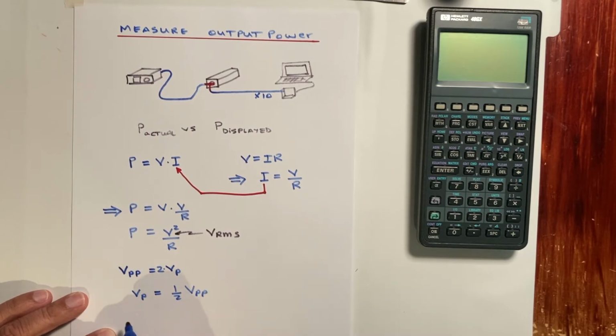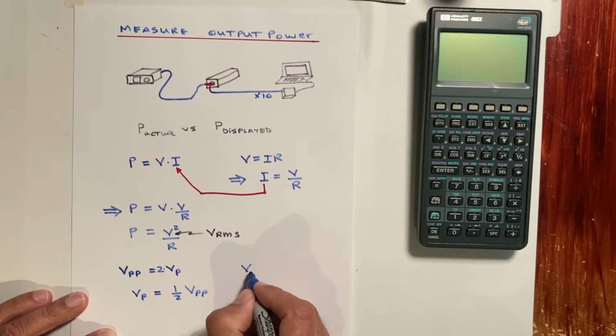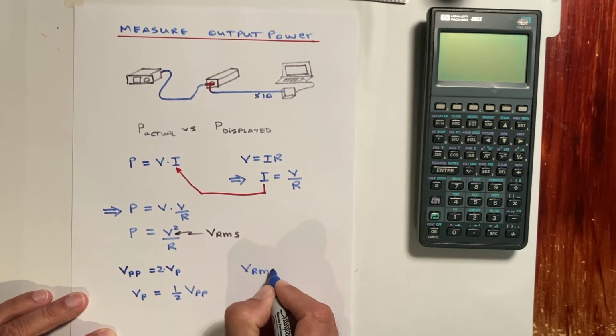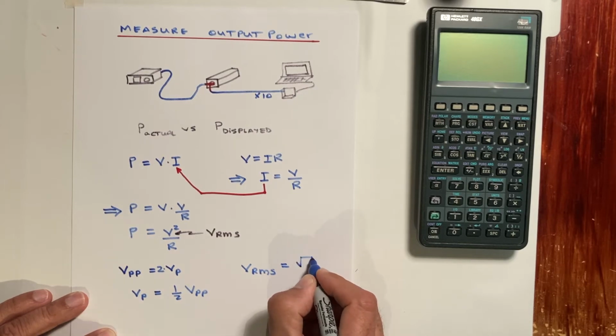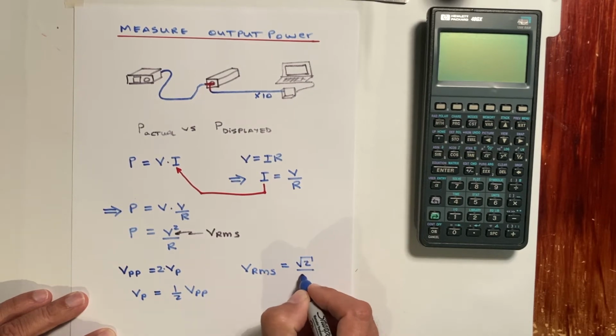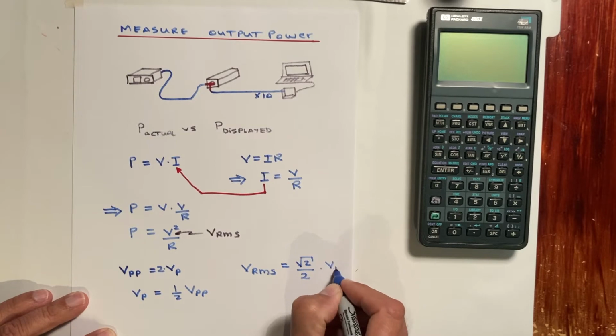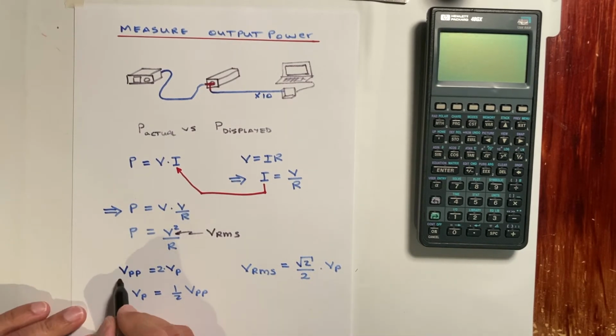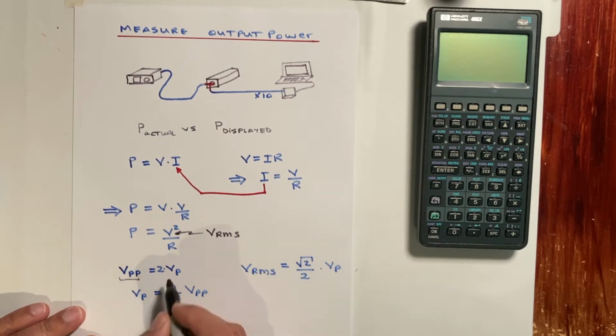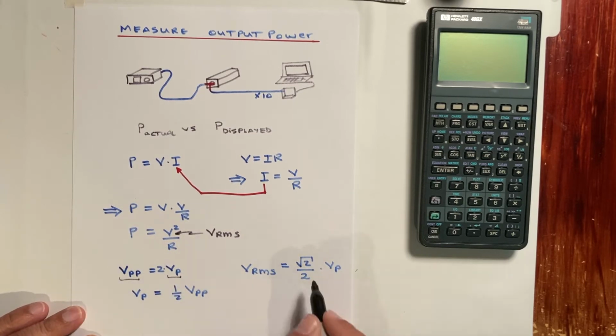And the other bit that we need is that VRMS, which is what we're looking for, in terms of VP, is square root of 2 divided by 2 times V peak. So again, just recapping, either we measure volts peak to peak off of the scope, or we measure volts peak.